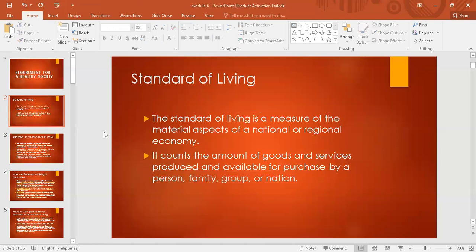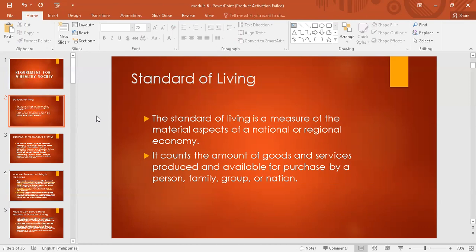Kumbaga, hindi napupunan yung pangangailangan. Same then, even if meron tayong amounts of goods and services being produced, pero walang magpo-purchase, kumbaga imbalance, no? So, dito sa standard of living, pinag-usapan natin how many goods are being produced a year, how many services are available, or the demand for those products and services, sino ang gagamit, sinong particular segment of the market ang gagamit.